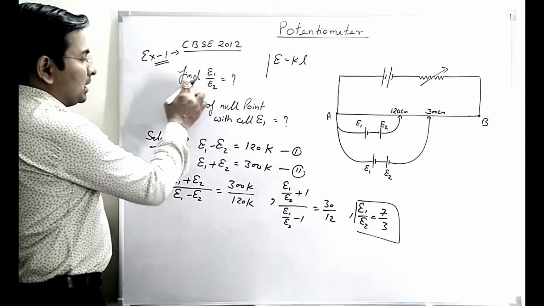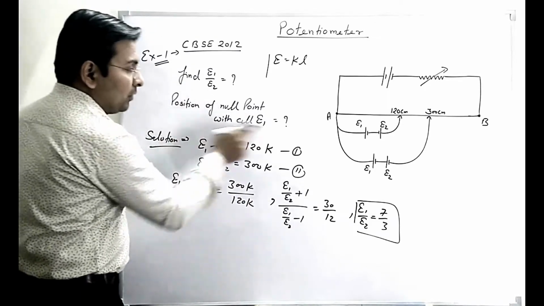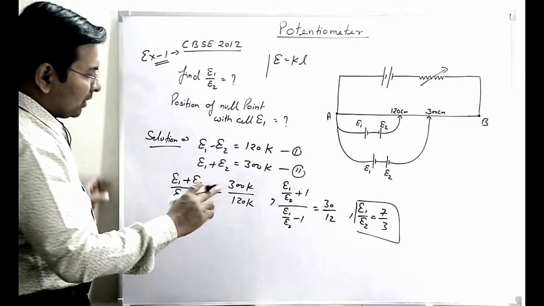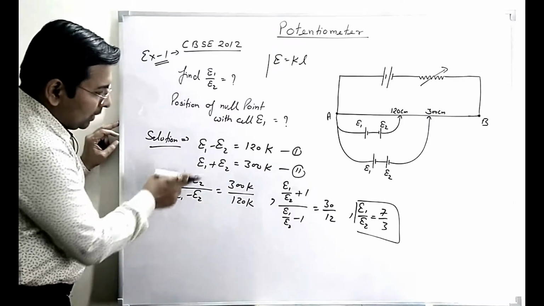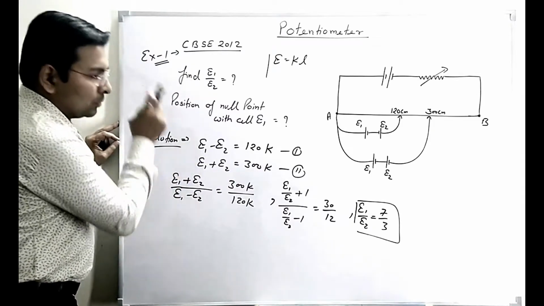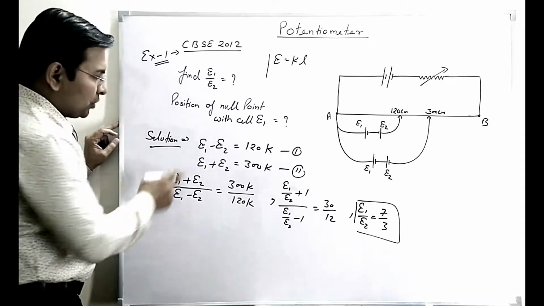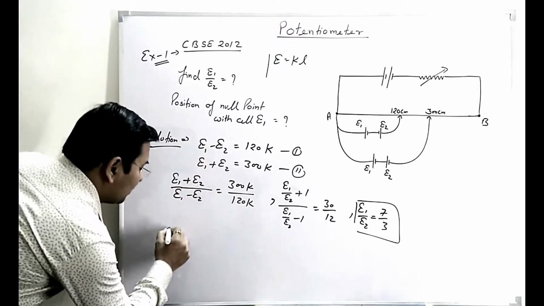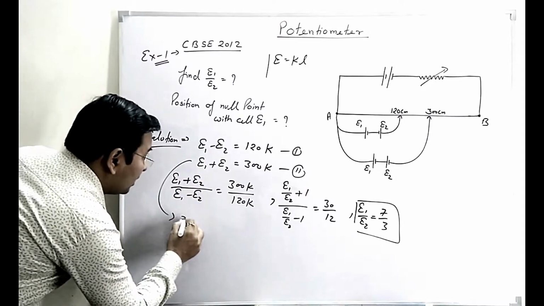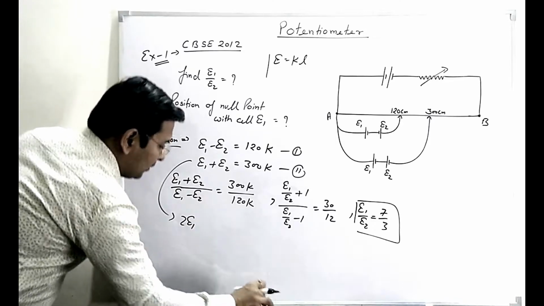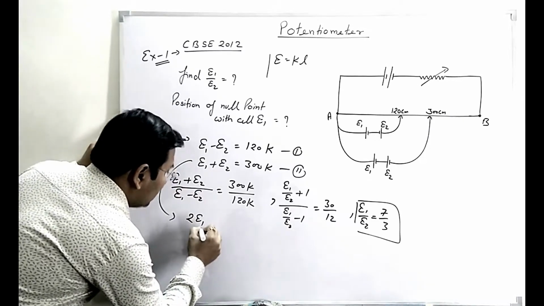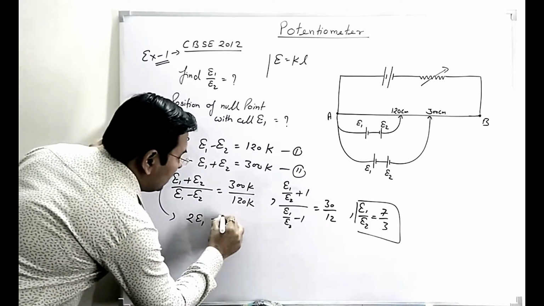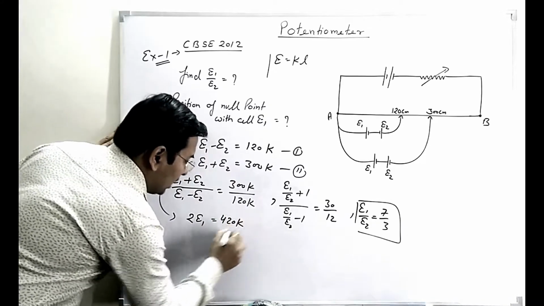Now the first part is this. The second answer is the position of null point with the cell E1. Once again we have the two equations 1 and 2. Now we add equations 1 and 2. Finally this will be 2E1 equals 420K.